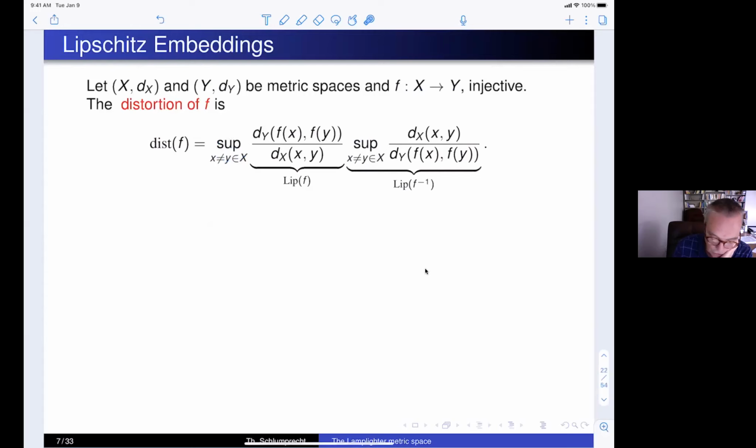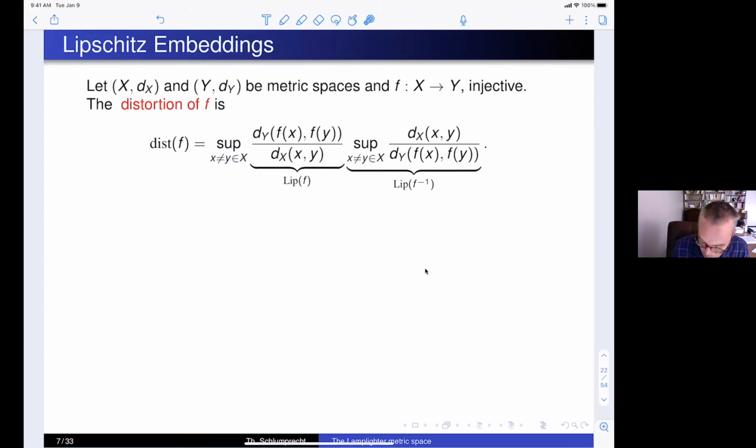This is clearly the Lipschitz norm of f, and here I take the distance of x and y divided by the distance of their images, which is of course the Lipschitz norm of the inverse defined on the image.